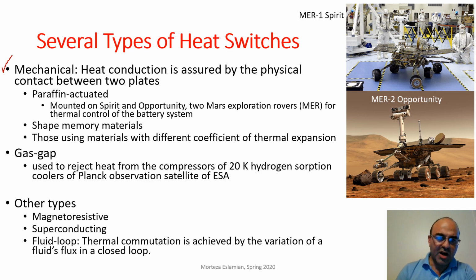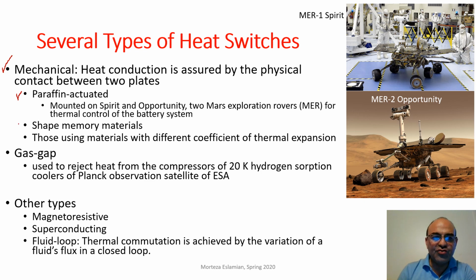Now how to make that contact possible? One type of mechanical heat switch is paraffin actuated. Paraffin actuated heat switches have been used on multiple missions such as the Spirit and Opportunity Mars exploration rovers, MER1 Spirit and MER2 Opportunity. They use this kind of heat switch, paraffin actuated.